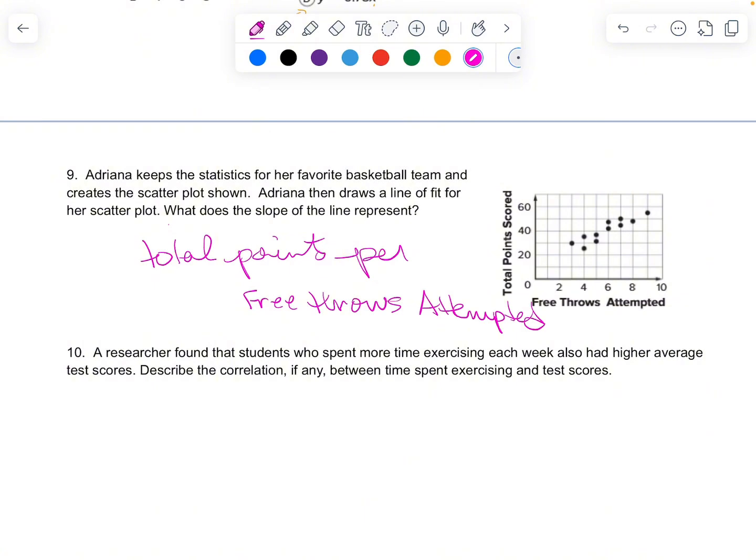Okay. What else do we know? We know as the free throws get higher, the total points gets higher also. So that means it's a positive correlation.